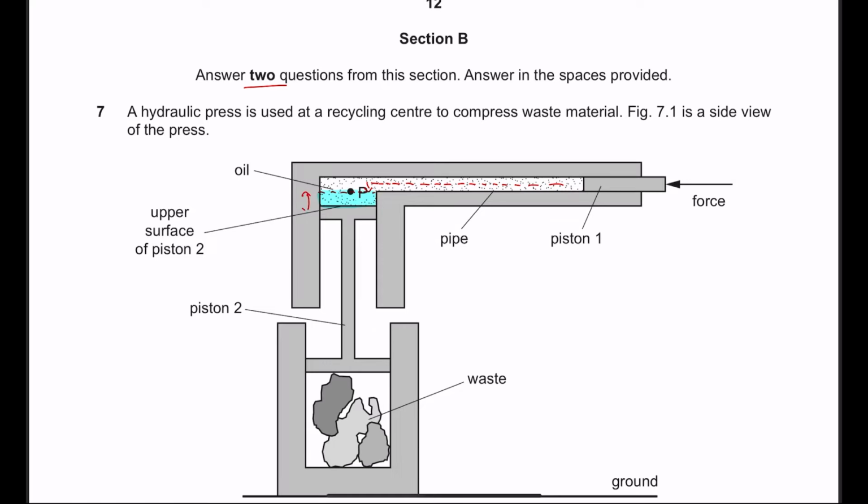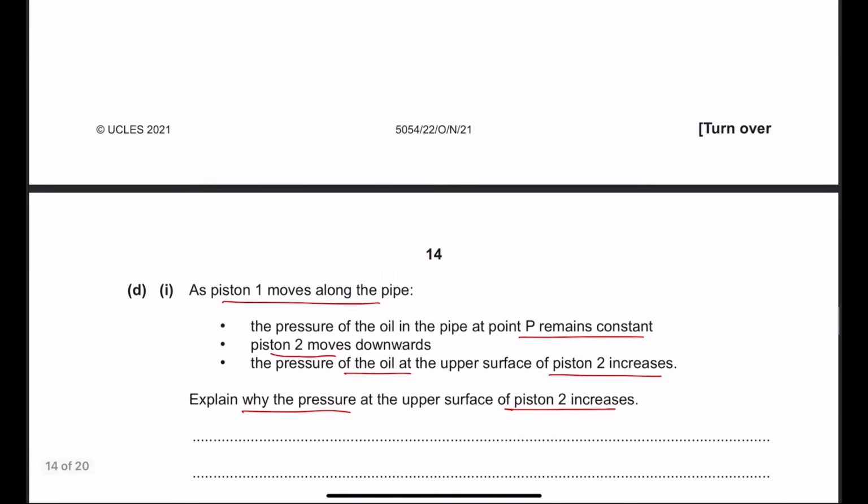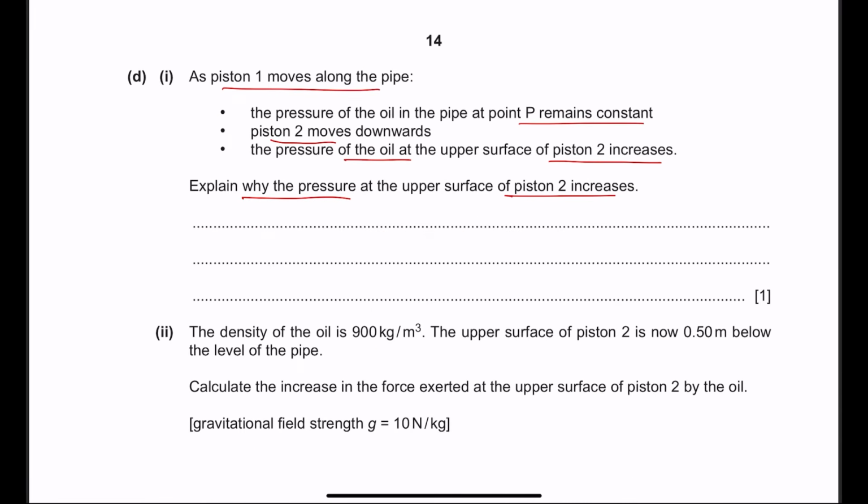This depth h that I have marked here will cause an additional pressure on piston 2. And you must remember that the pressure of a liquid is calculated by this formula, rho g h. So if this increases, then pressure is also going to increase. So you're going to say the hydrostatic pressure, which is the pressure exerted by the liquid.